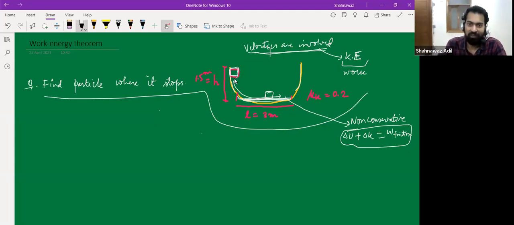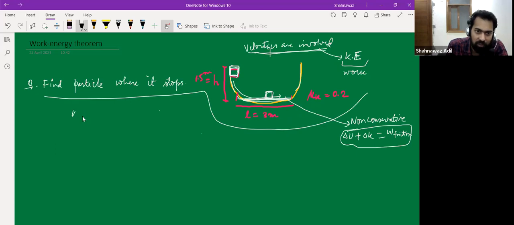What I was telling is that the velocities are involved. In here there is some velocity, and in here the velocity is 0. So we can apply the work energy theorem. What is the work energy theorem?